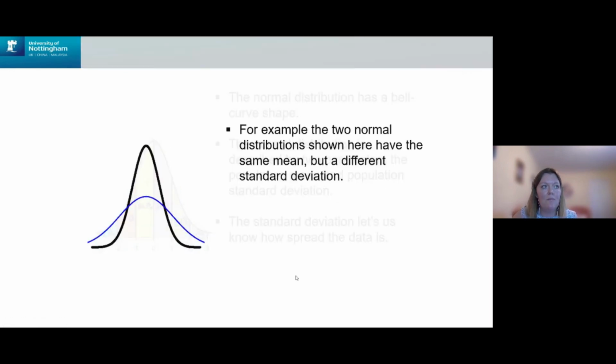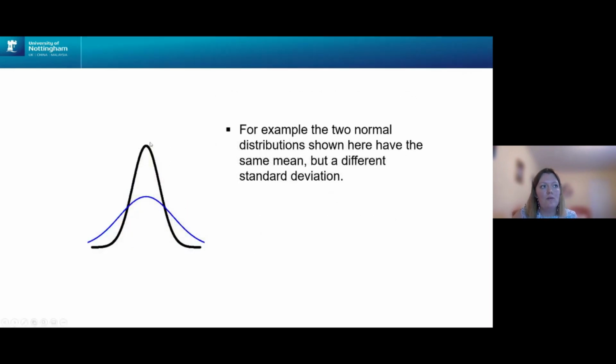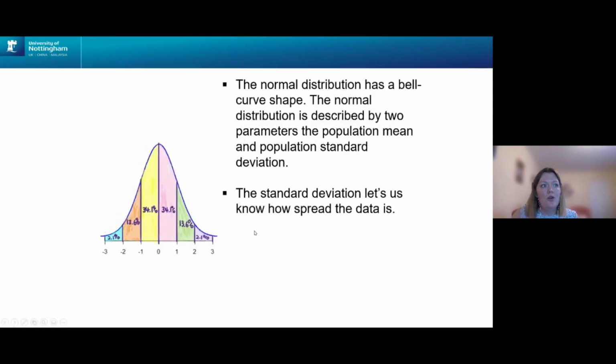So, for example, these are 2 normal distributions, these curves. We can see the population mean is at the same point. However, the blue curve has a larger standard deviation because the values that it can have are more spread.